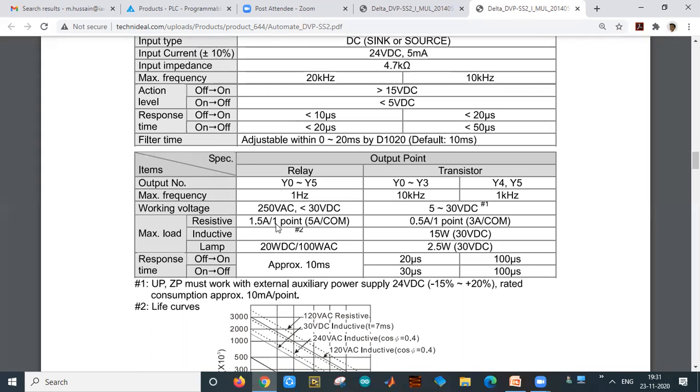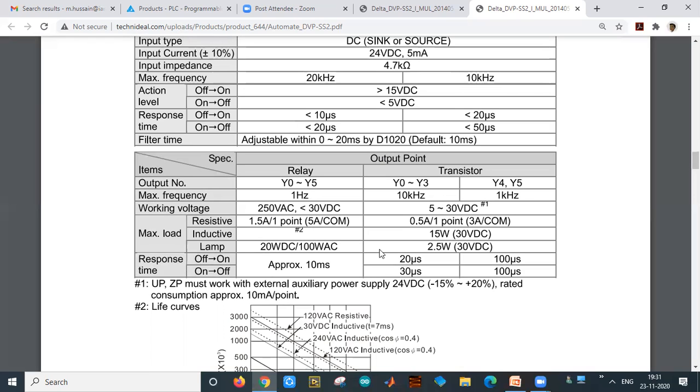Okay, so point here is nothing but terminal, right? In Delta PLC, the point is nothing but terminal. Here it is represented as output point, in the sense output terminal. Okay, that output terminal is having 1.5 amperes maximum load, and common is having 5 amperes maximum load.